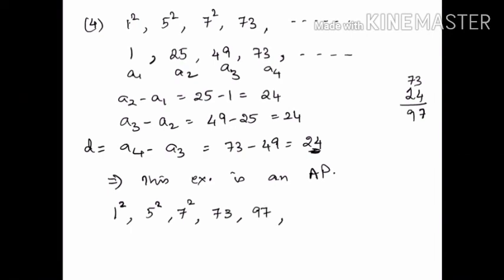The next number will be obtained by adding 24 to 97, and that is 121, which can be written as 11 square. To get the next number, add 24 to 121, we get 145.